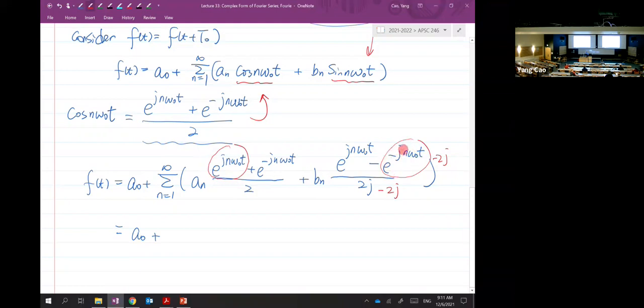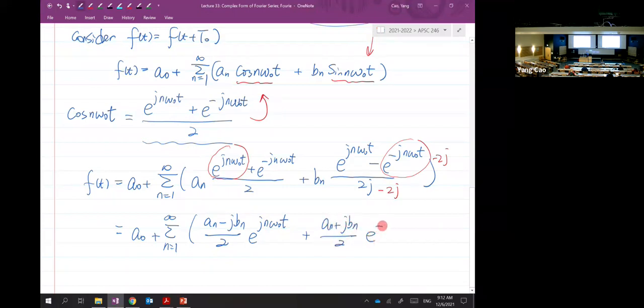And if you do that, we're going to get (a_n minus j b_n) divided by 2 times e to the power j n omega naught t, plus (a_n plus j b_n) divided by 2 times e to the power negative j n omega naught t.